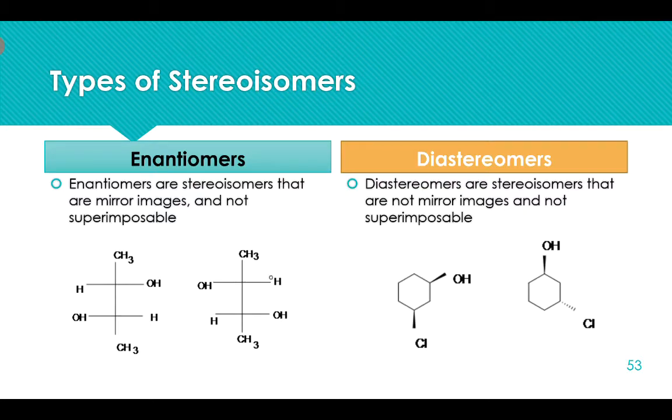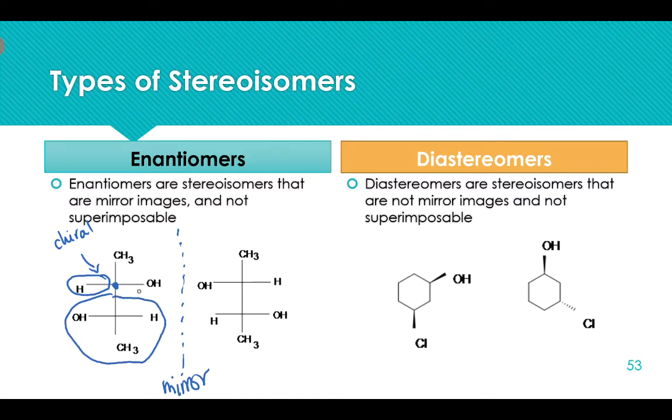As we add multiple chiral centers into our molecules, we're going to have lots of different possibilities. Enantiomers are stereoisomers that are mirror images but not superimposable on one another. So if we put a mirror here, then this is the mirror image of that, but they are not superimposable on one another. This carbon is chiral because we have 1 group, 2 group, 3 group, 4 groups.